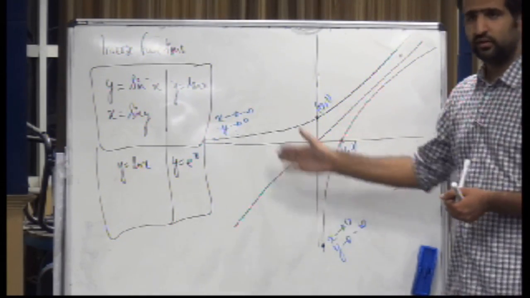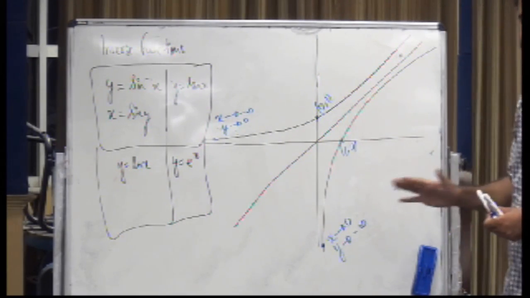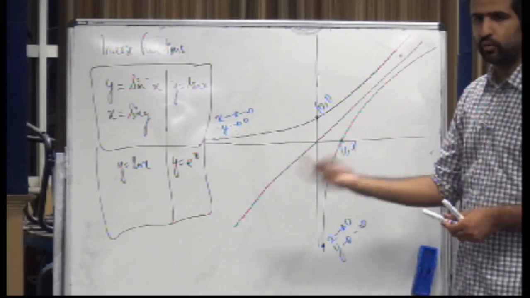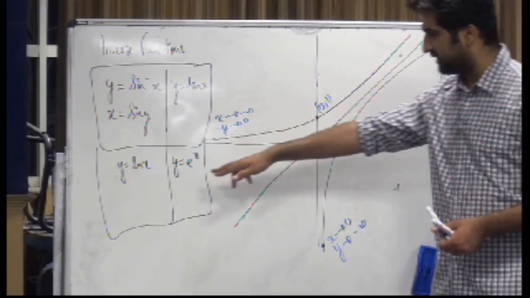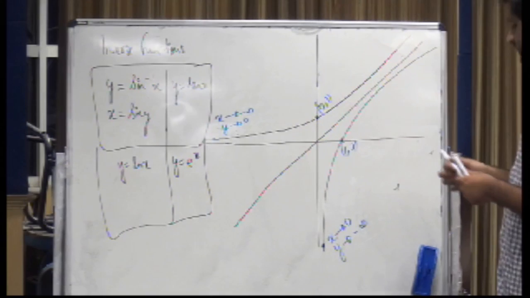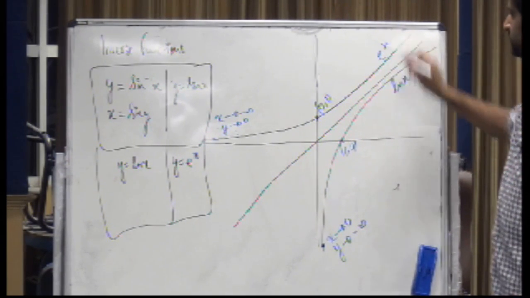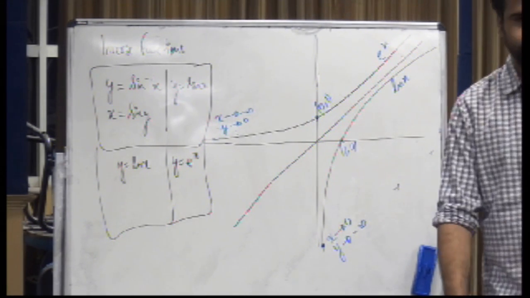The third quadrant of the graph e to the power x will also be missing, because there is no point where x and y both are negative. So these are the graphs. This one is ln x and this one is e to the power x, and they are mirror images about the line y is equal to x or origin.